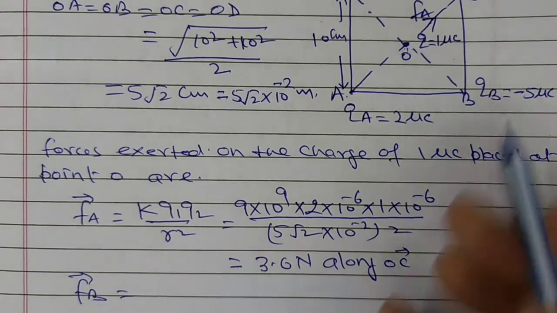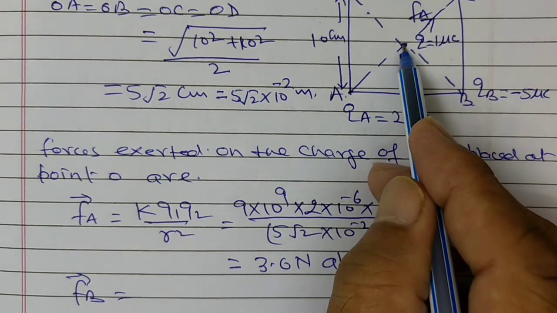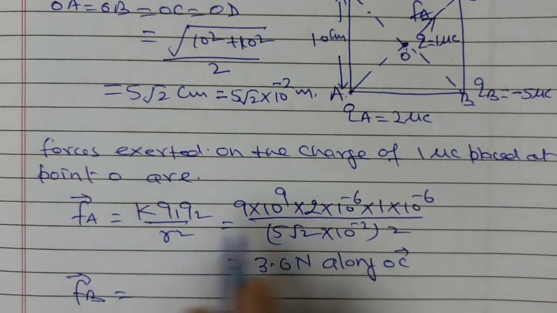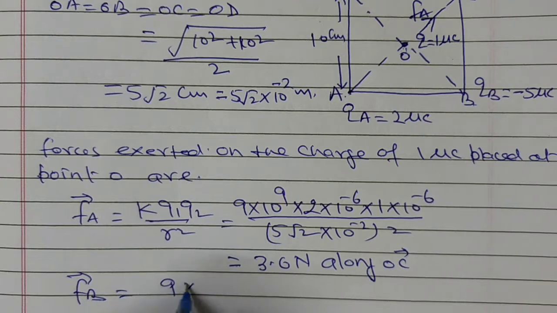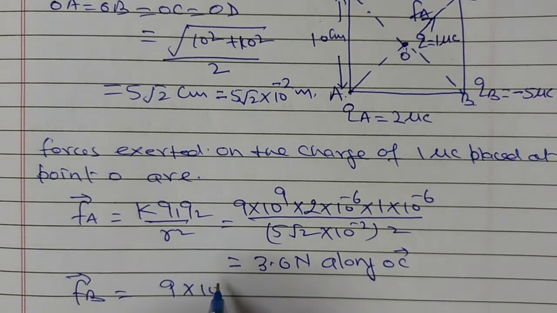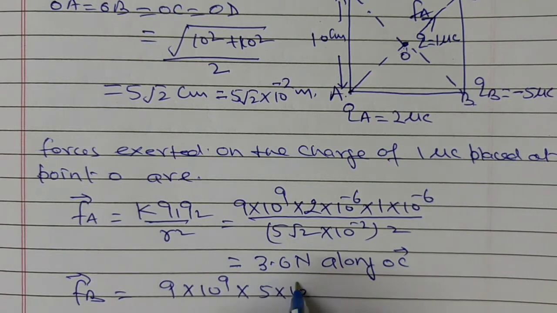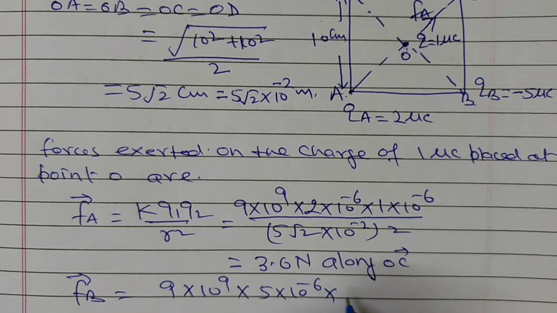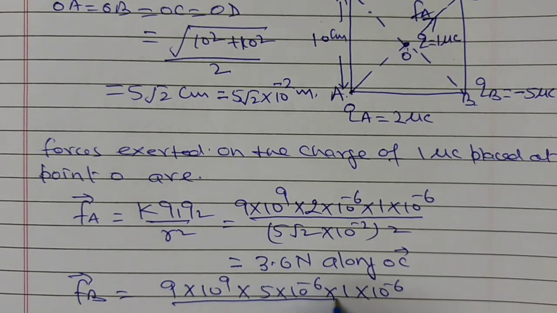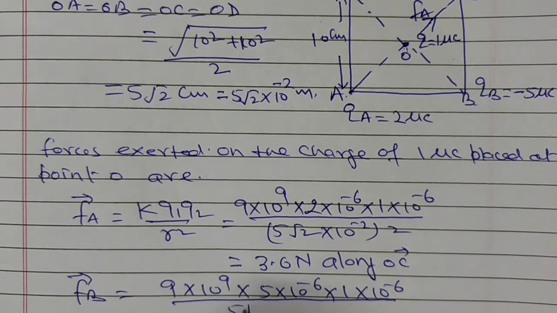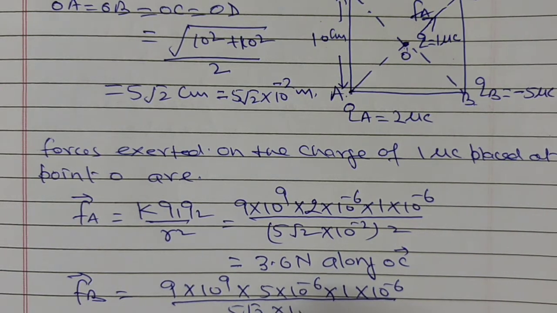Now the force FB due to this on this charge, FB is equal to again the same formula, 9 into 10 to the power 9 into charge 5 into 10 to the power minus 6 into Q2, this is 1 into 10 to the power minus 6 divided by distance square, distance is 5 root 2 into 10 to the power minus 2, this whole square.